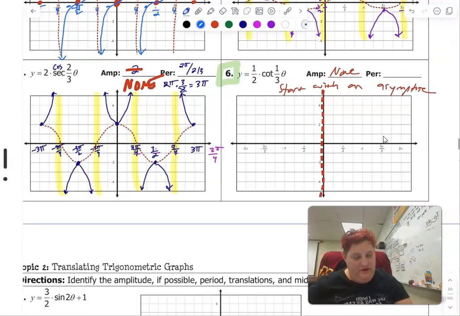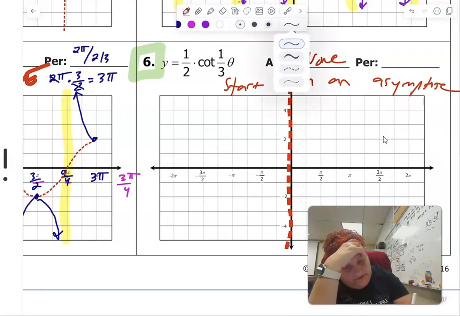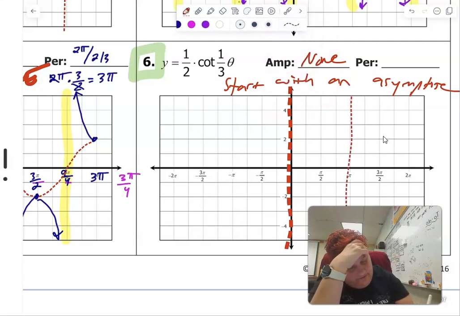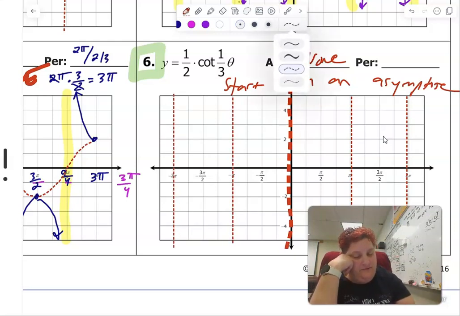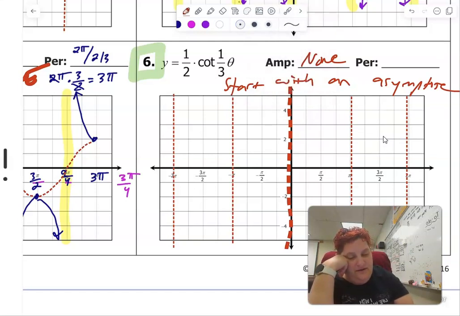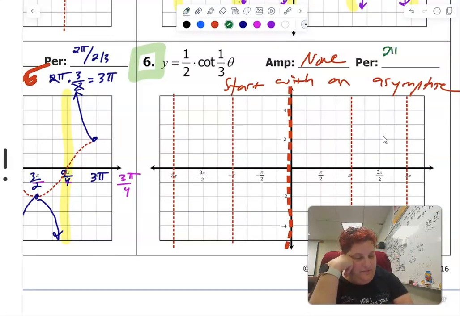Now, if I come over here and do a cotangent graph, first of all, again, every other one is going to be an asymptote, just like on here. So there's an asymptote, there's an asymptote, same thing on the other side. Now, it has a 1/2 in front. That's going to help me when I graph it, but the amplitude is none. The period, though, is going to be 2 pi over 1/3, which is 6 pi.